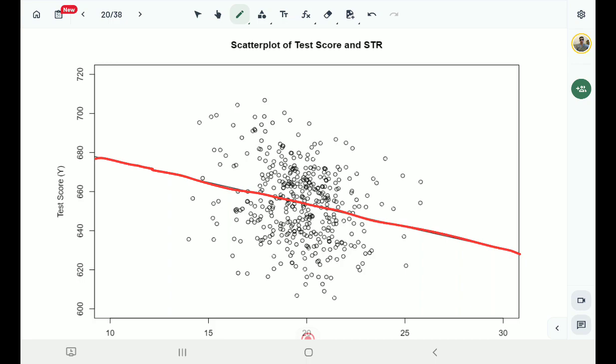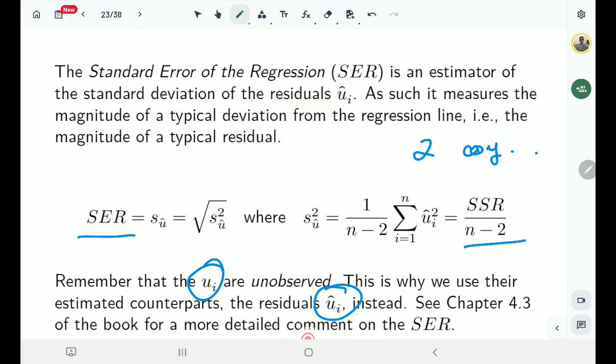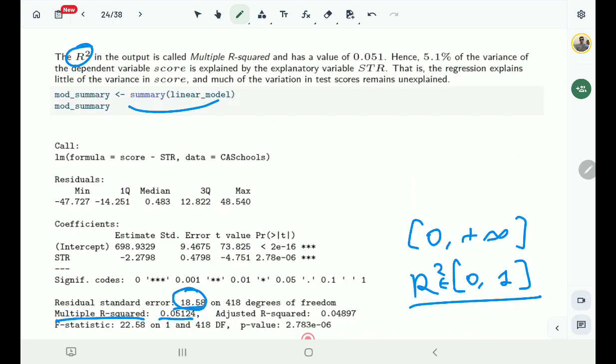Now we also talked about how to assess the fit of the model to the data, and we talked about two measures of fit. One is R square and the second is standard error of regression, and we said that R square is much better in the sense that it is bounded both from above and below, so it is easy to compare models using R square, or coefficient of determination, in other words.